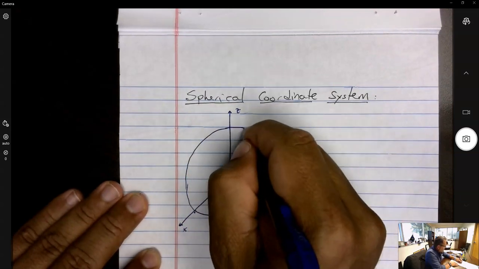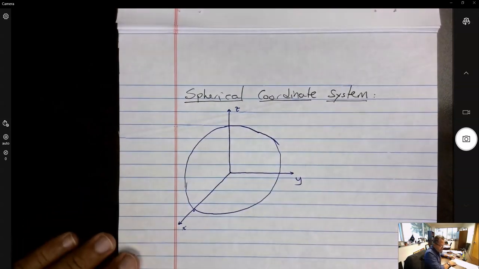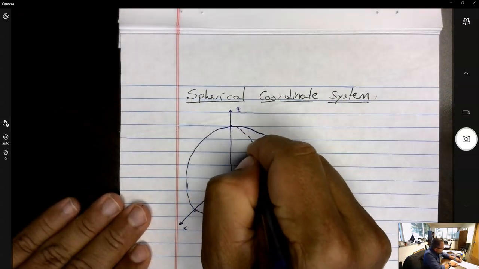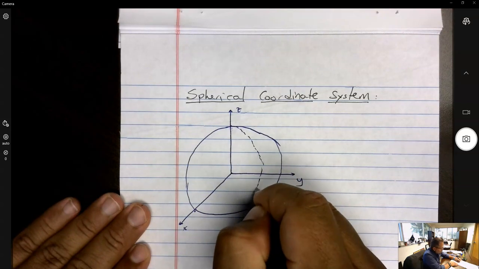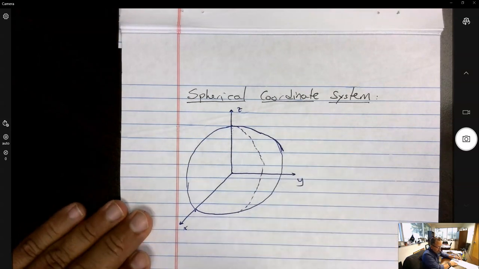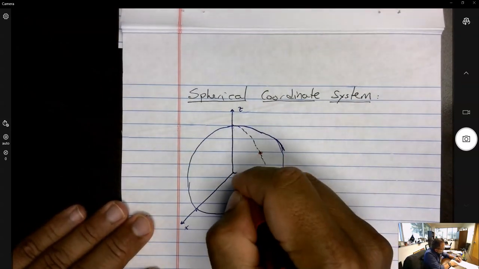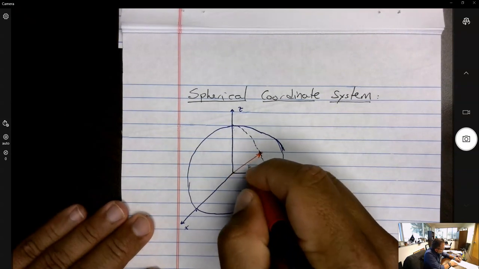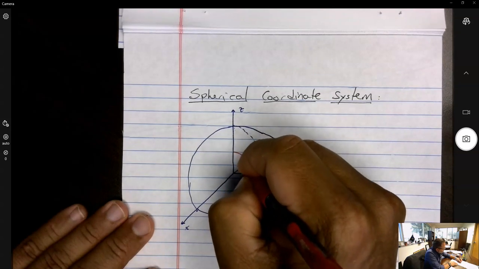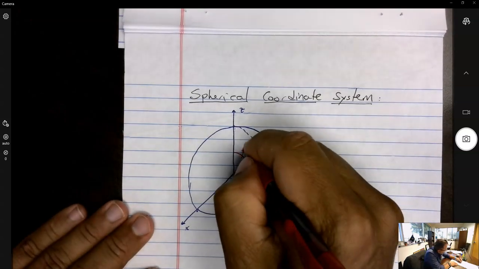You have to use your imagination to know that this is a sphere, sort of. This line here shows that this is the surface of a sphere, and this will be a point on the surface of the sphere. This is radius r. This is what's called the azimuthal angle, theta.